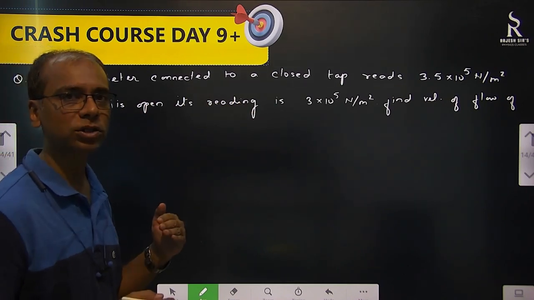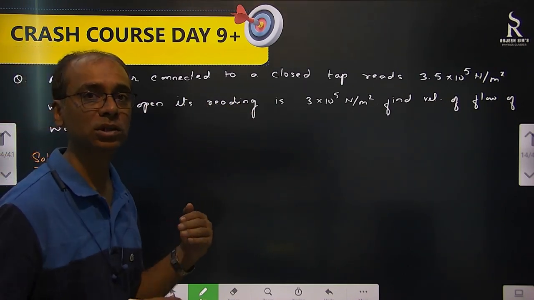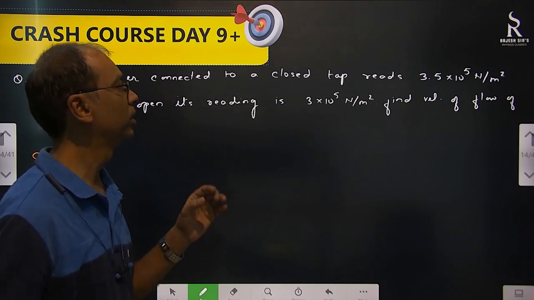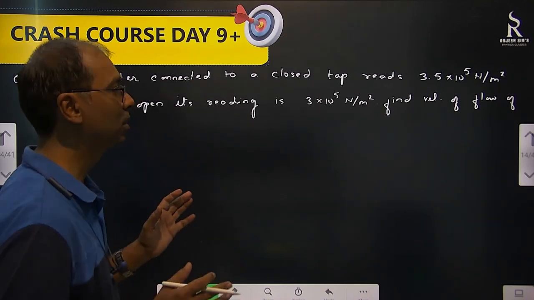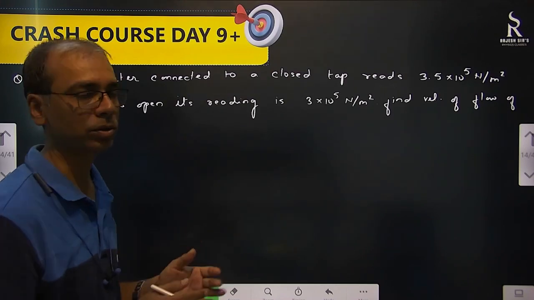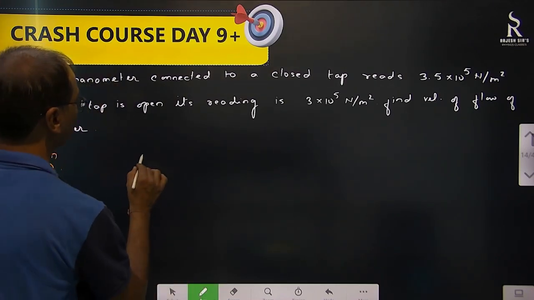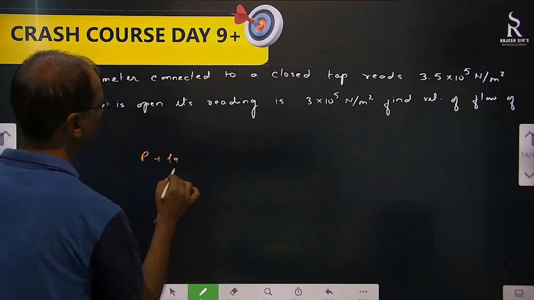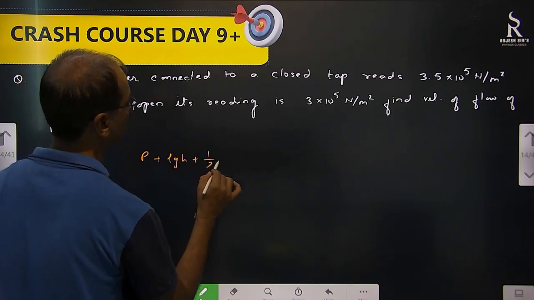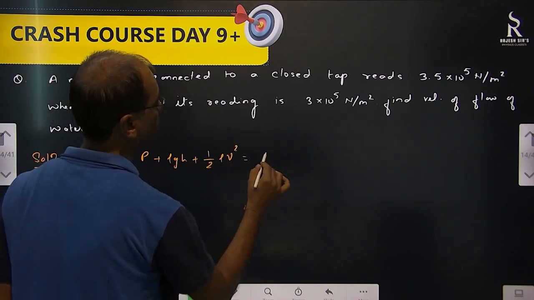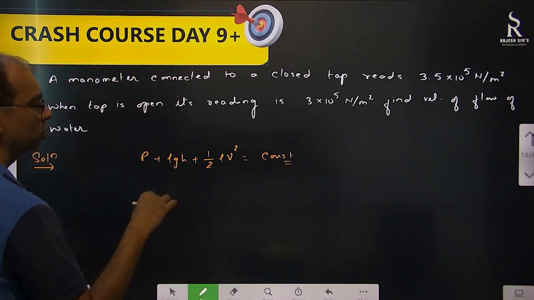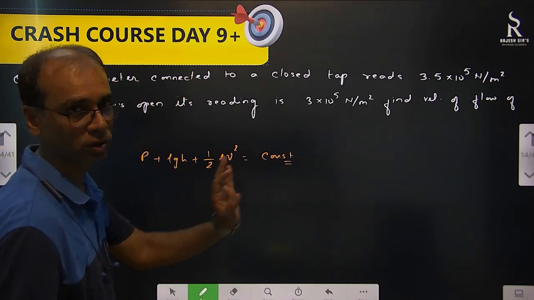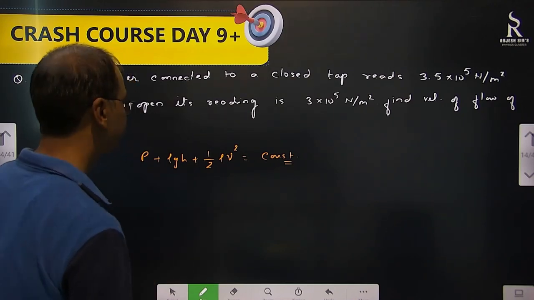So, in the two conditions, is there any change in the position of the manometer connected? No. Why am I asking? Because we are going to use Bernoulli's theorem, and Bernoulli's theorem says what? P plus rho gh plus half rho v square is constant. So if position is not changing in the two cases, that means rho gh will be the same here also, there also. So difference is not there.